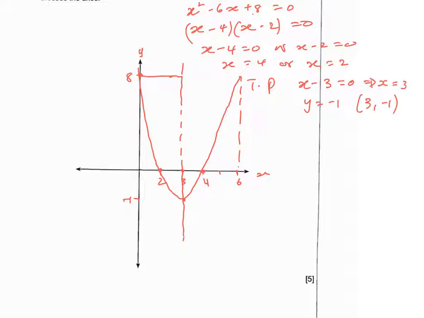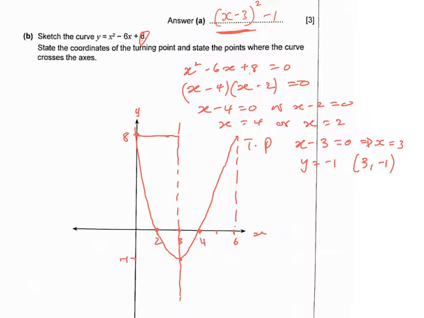So to sketch, you need to know where your curve will cut the y-axis, and also where your curve will cut the x-axis. To know where the curve will cut the y-axis, you just look at C. If your C is 2, you mark that point 2. To get the x-intercept, you make your equation equal to 0 and solve for x. Then when you get the two values of x, you mark them.